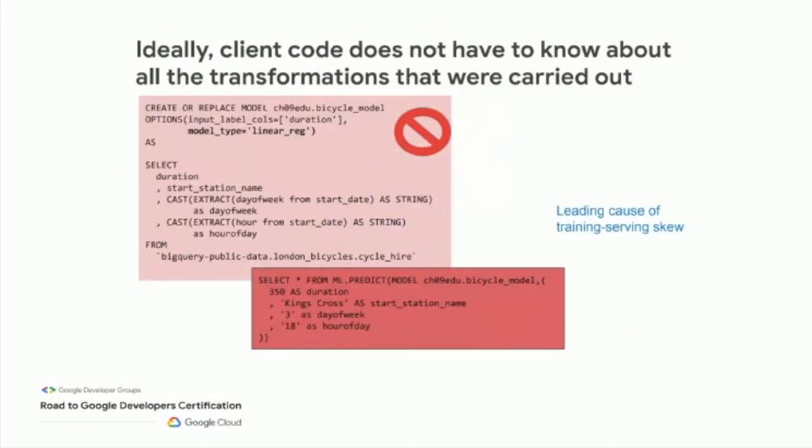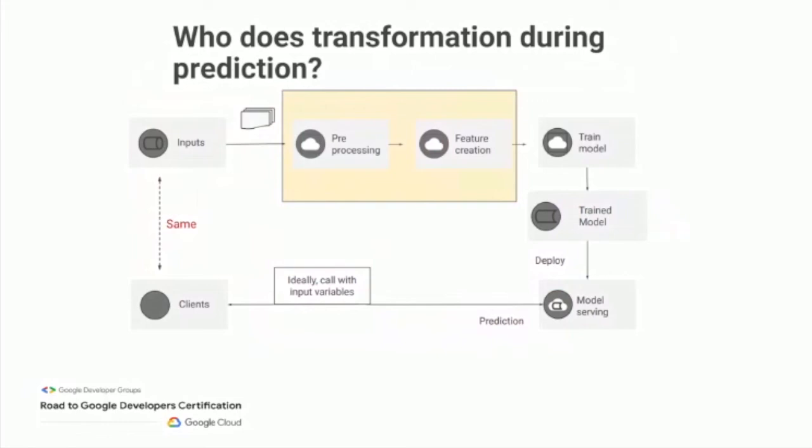Ideally, the client code doesn't have to know about all the transformations that were carried out, right? They don't need to know, for example, that from the date we want to extract the day of the week and the hour. The client code, the one that is being consumed, ideally would be the same as the inputs, right?